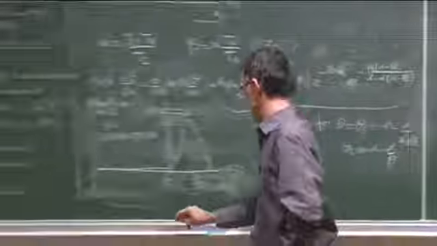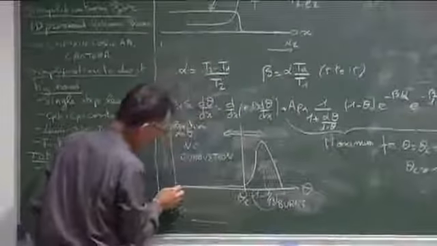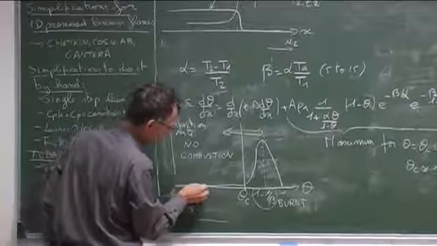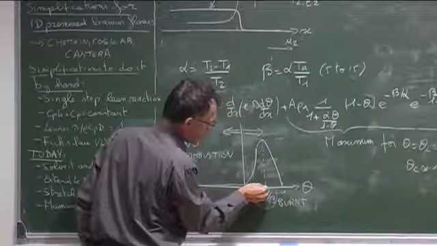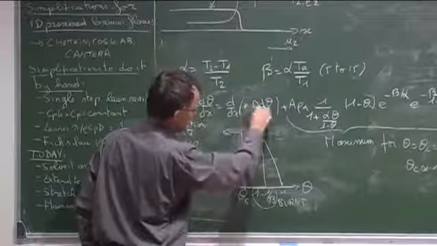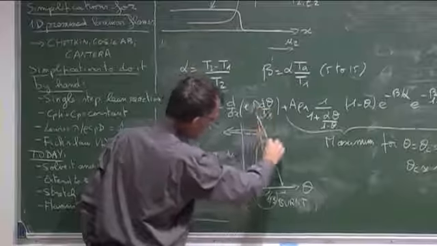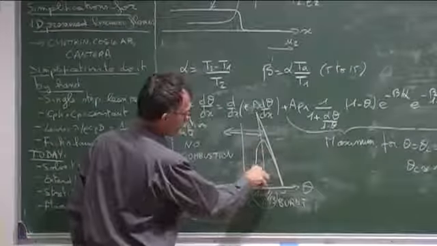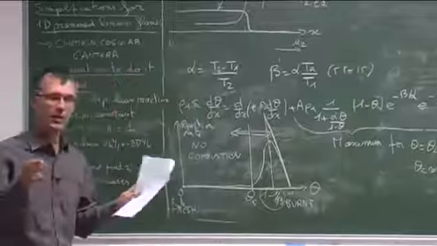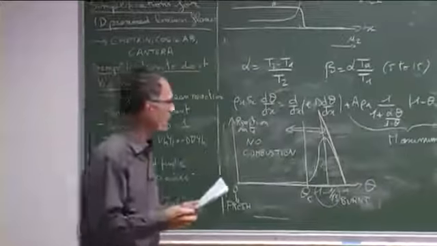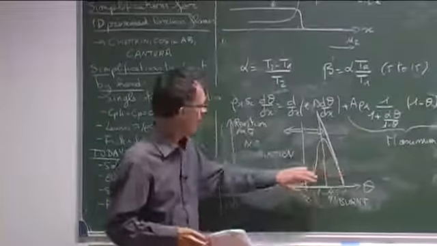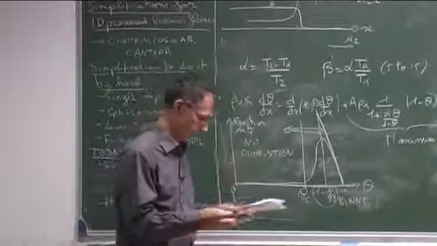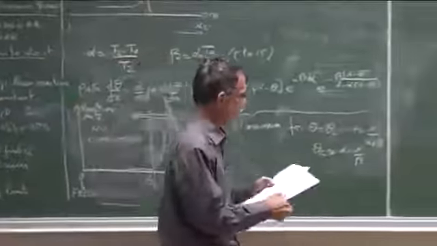For example, I use a function which has the same physics: I have no combustion until here, and then here suddenly I have combustion and it goes down to 0 here. So if I replace this shape by this shape, I keep a lot of things similar in the physics of the problem. I still burn at a high temperature, I don't burn at a low temperature, and I can solve the problem analytically, which is what I'm going to do now.